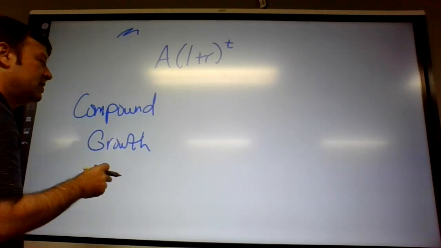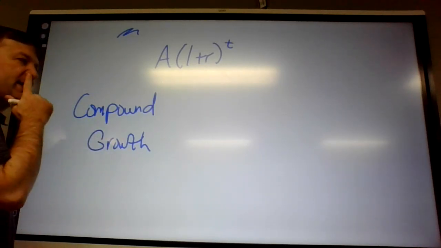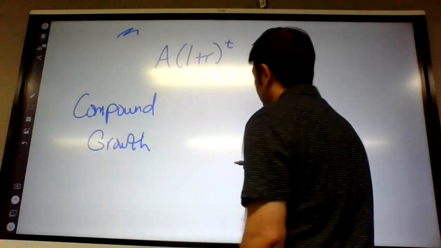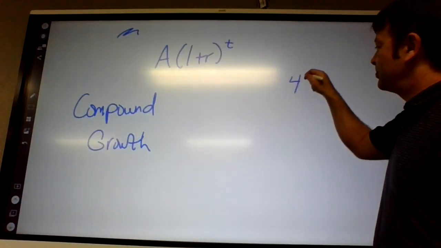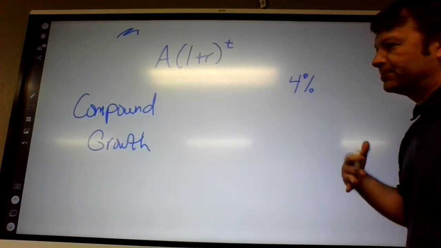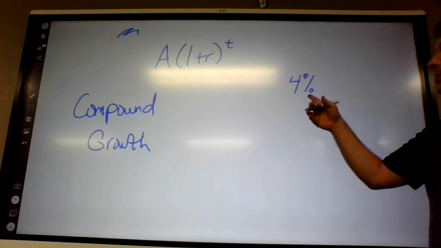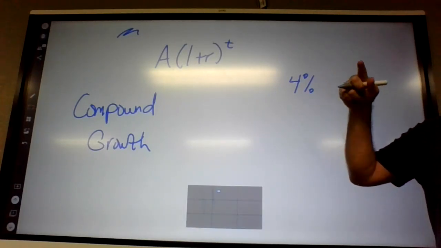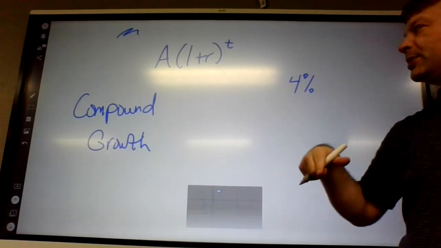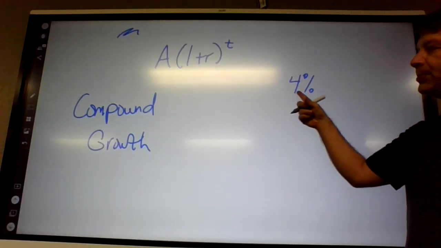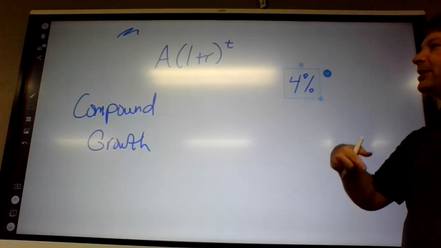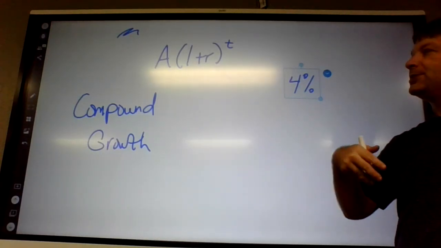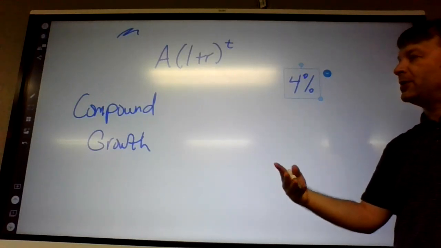Let's say you're going to get 4% interest on your loan. If it's compounded monthly, you wouldn't pay 4% every month. You would actually pay 1/12 of 4% every month. So that makes you pay a little bit sooner, which means in the long run you'd have to pay a little bit more.